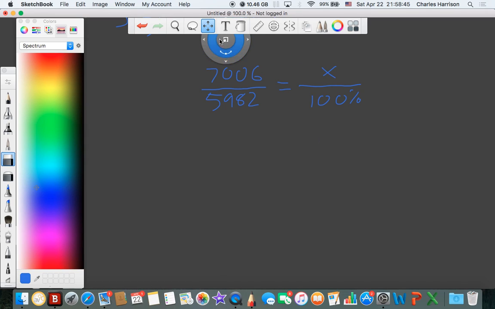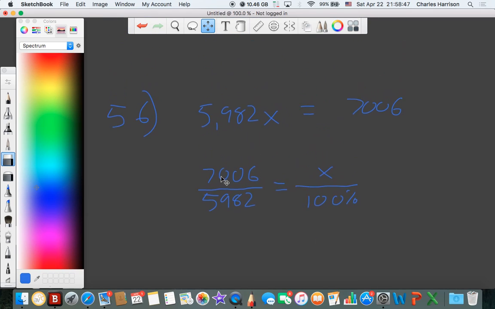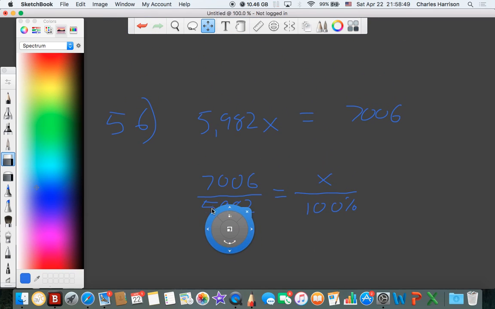If you recall correctly, that's kind of how we set up the proportions before, and then we do cross multiplication. Well, what happens when we do cross multiplication? We get this times this, and this times this, and then we'd find what this percent equaled, okay?